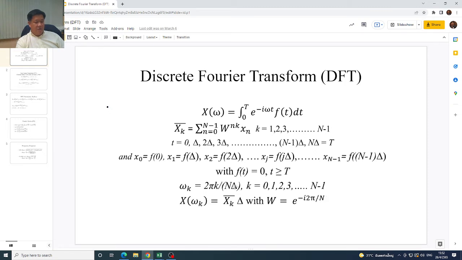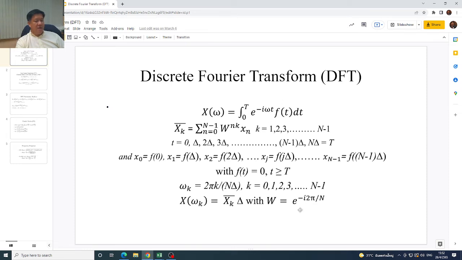You can see that those deltas just cancel each other, because t starts from 0, delta, 2 delta, 3 delta. For any n, t becomes small n times delta, and omega k is k divided by capital N delta. Therefore delta cancels from the ratio.